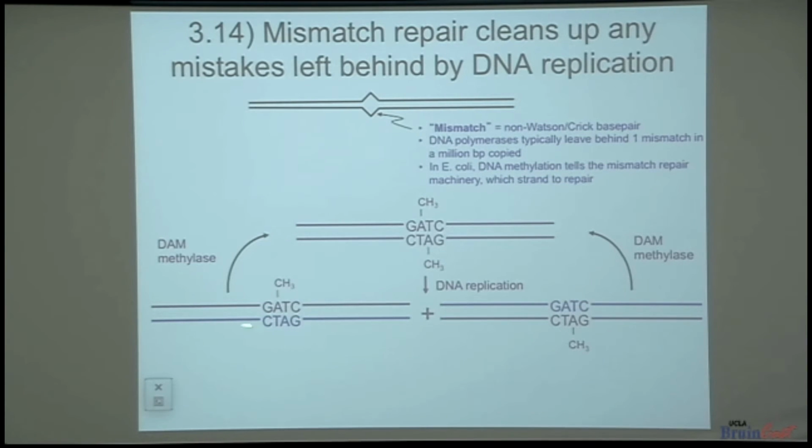And so the newly synthesized strand will be unmethylated. The parental strand, the mother strand, will be methylated. Okay, and so what the repair machinery looks at to determine which strand is the newly synthesized one, and therefore which one is likely to be the one with the mistake when it sees a mismatch, is which one is unmethylated.